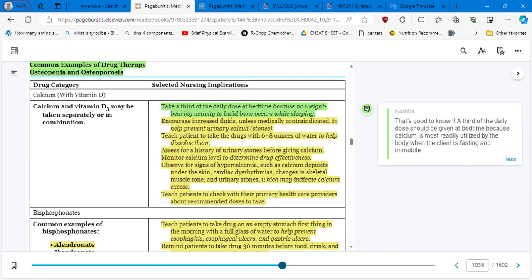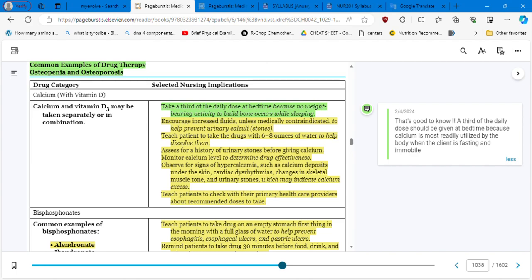That's good to know; it's going to come in the exam. A third of the daily dose of calcium should be given at bedtime because calcium is most readily utilized by the body when the client is fasting and immobile. So that happens when the patient is close to bedtime.